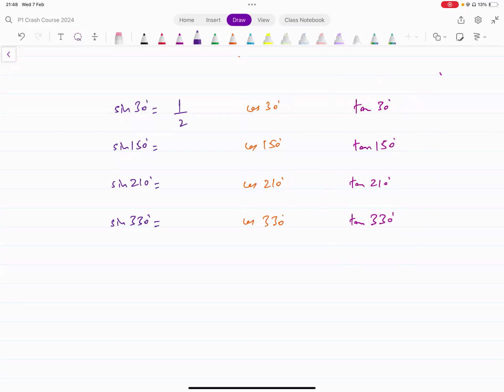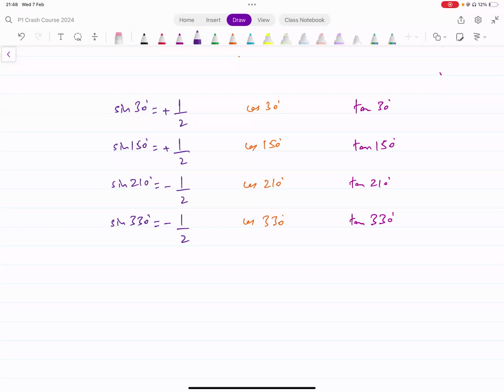Sine of 150 is also 1/2. Sine of 210 is also 1/2. Sine of 330 is also 1/2. All of them have the same magnitude. The only difference is sine 30 and sine 150 are positive. Sine 210 and sine 330, they are negative.